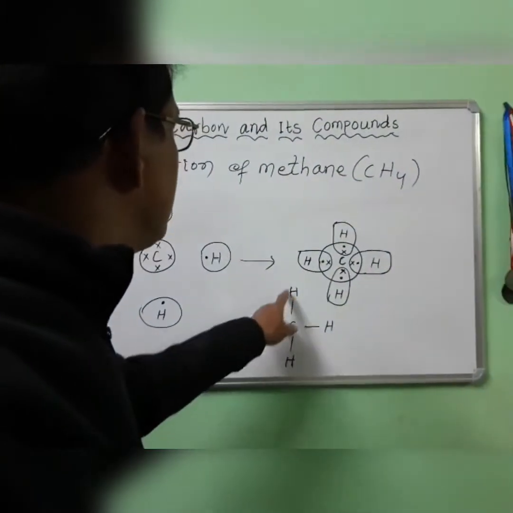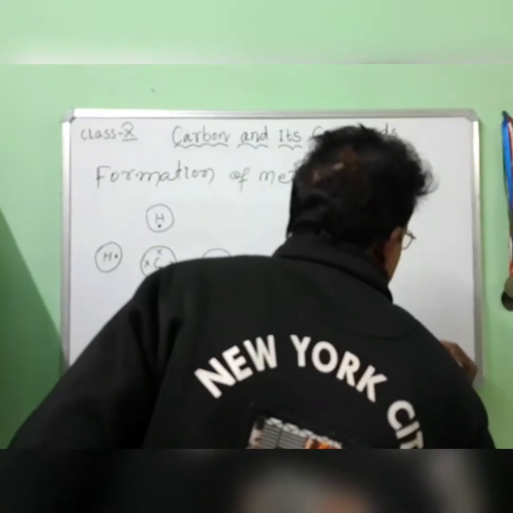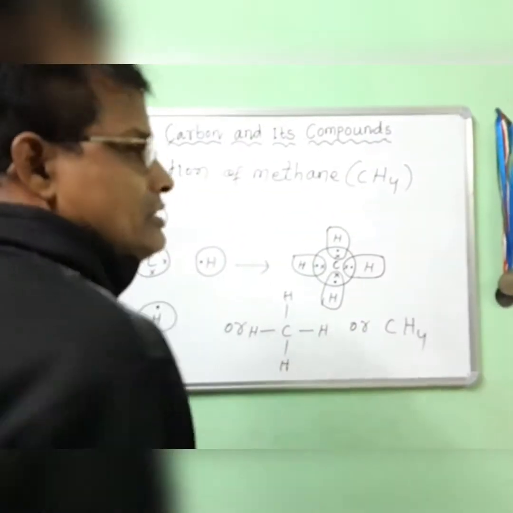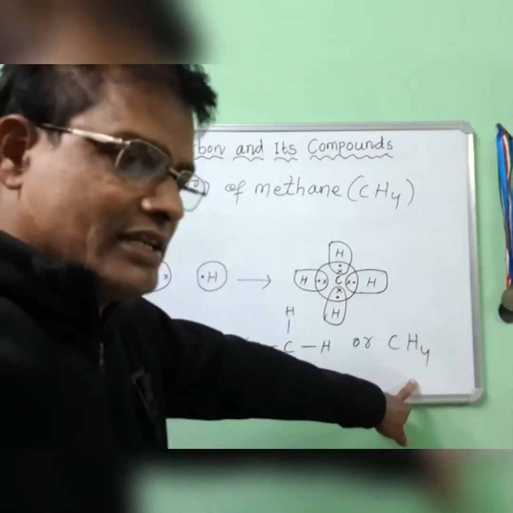That is C, H, H, H, H. That gives CH4. That is the formation of methane. Clear?